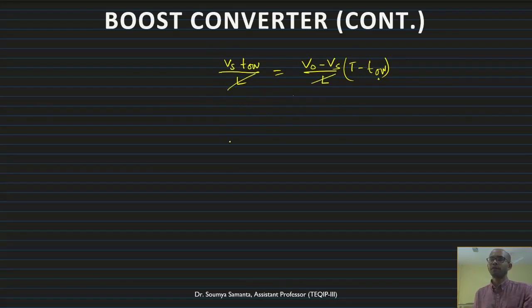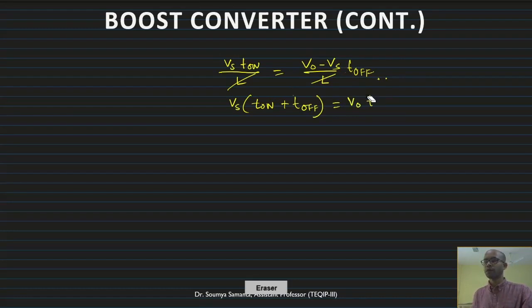So let's cancel L. What we get is Vs into T on plus T off, which equals Vo of T off. Instead of T off, now I will write T minus T on.